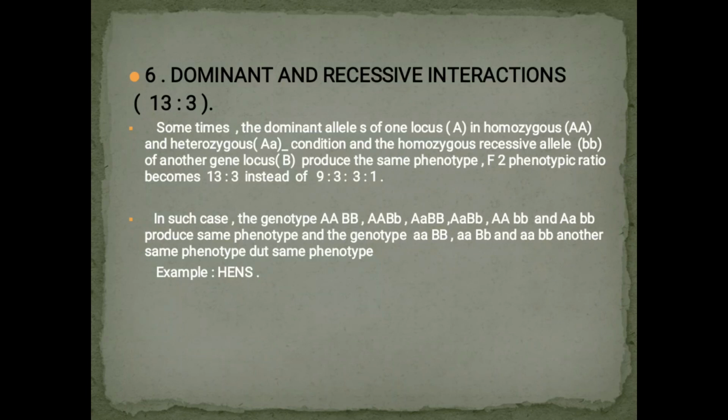Sixth one, dominant and recessive interactions. Its ratio is 13:3. Sometimes the dominant allele of one gene A, in homozygous capital AA and heterozygous capital A small a, and the homozygous recessive alleles small bb of another gene B produce the same phenotype. The F2 generation phenotype ratio becomes 13:3 instead of 9:3:3:1.